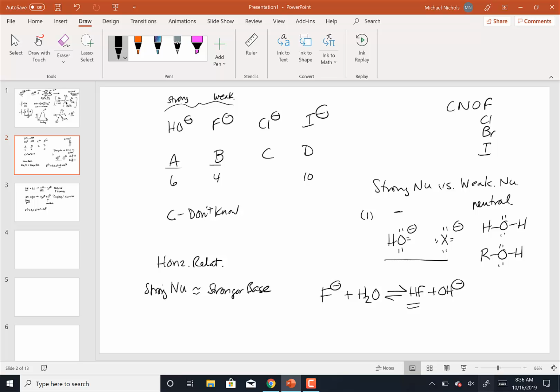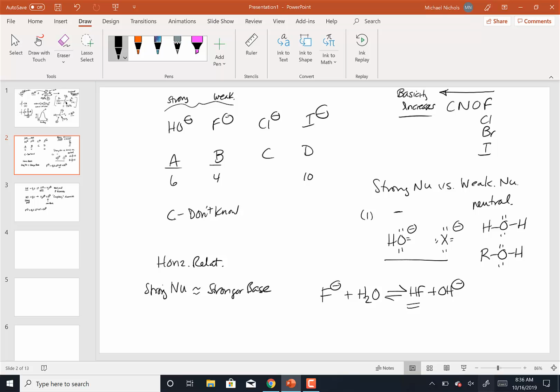And so creating a periodic table trend says that as you go from right to left, your basicity increases. So in this case, a C minus is the strongest base, followed by N minus, followed by O minus, followed by F minus. So basicity increases as you go from right to left.